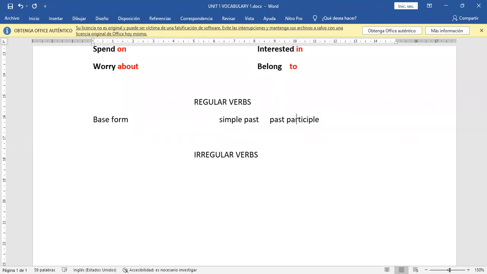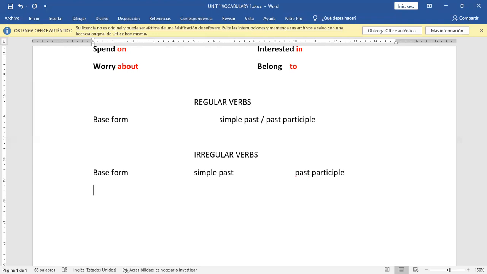As you can notice in the group of verbs that I sent, the irregular ones also have a base form, but in this case the simple past is separated from the past participle. It is separated because they are different.